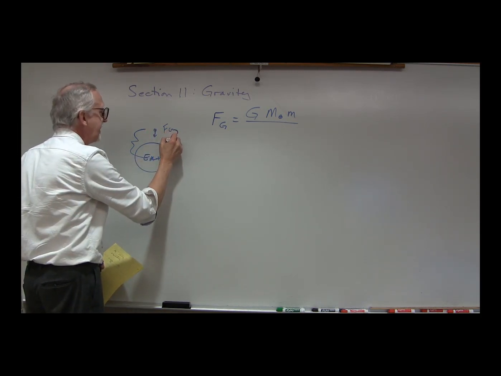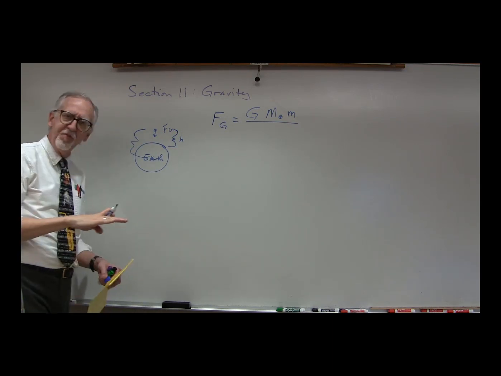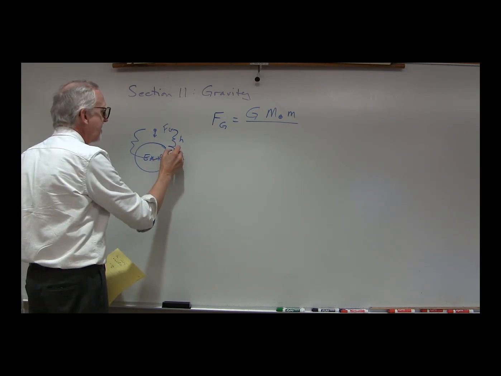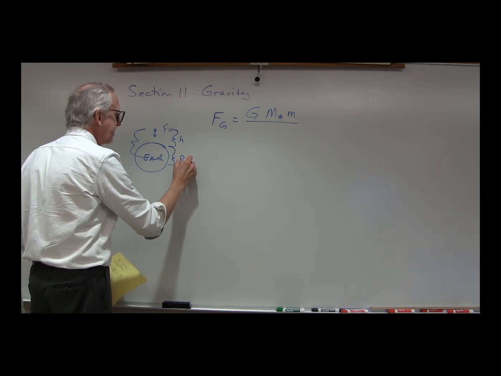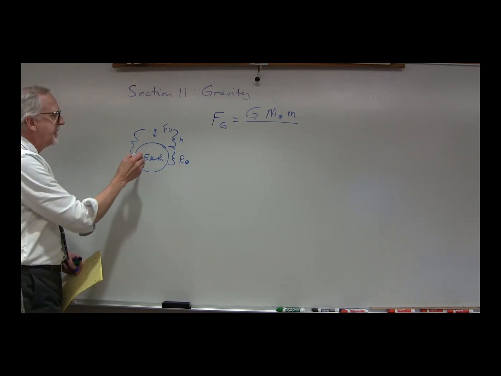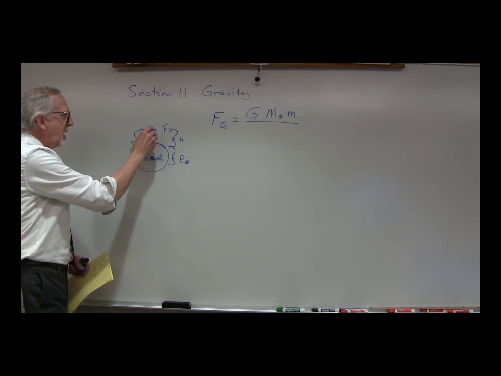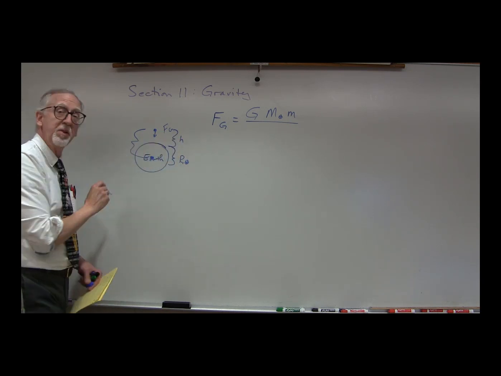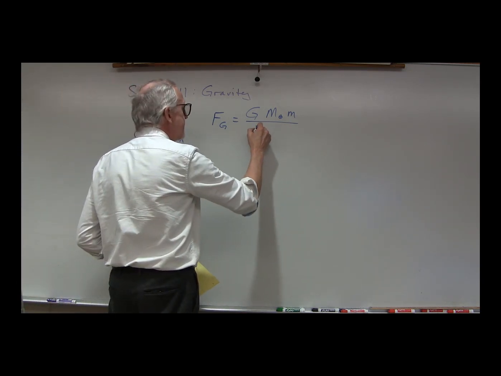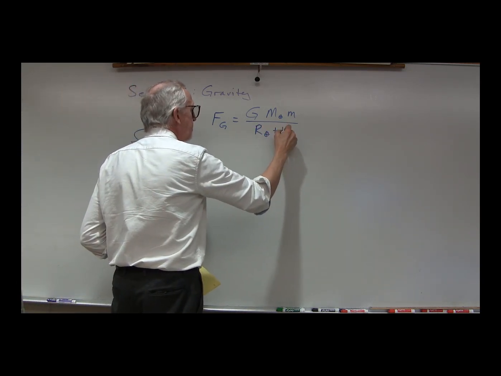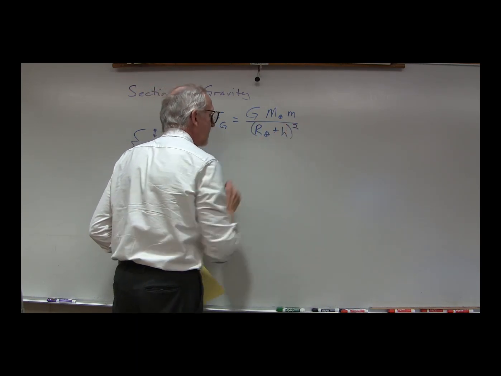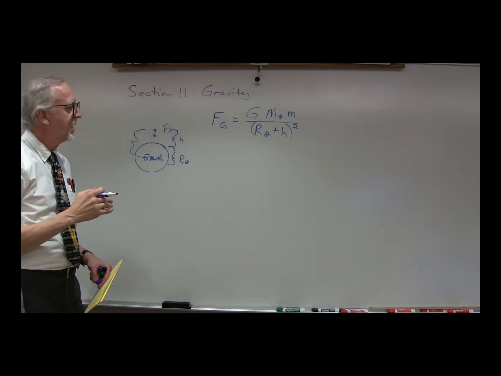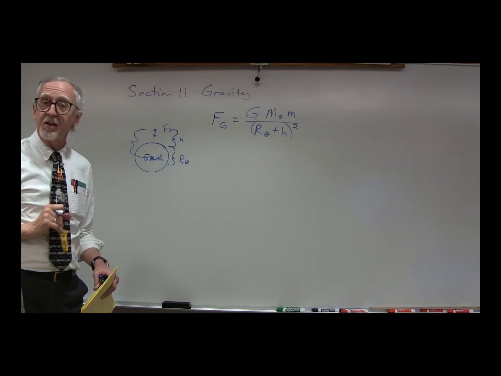Well, if this object is some distance h above the surface of the Earth, and this is the radius of the Earth, then the distance from the center of the Earth to our object will be the radius of the Earth plus h. So the denominator is going to be the radius of the Earth plus h, and that quantity squared. So that's the force of attraction between the object and the Earth.